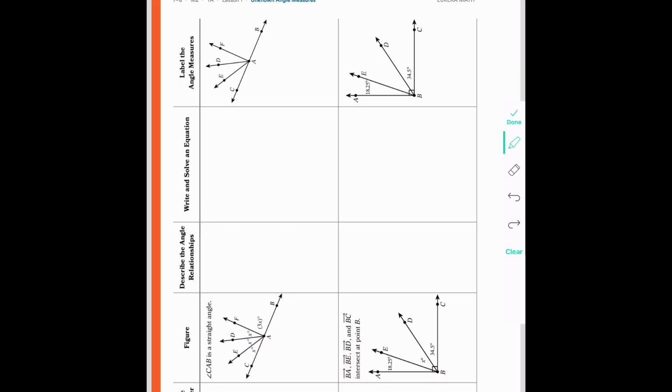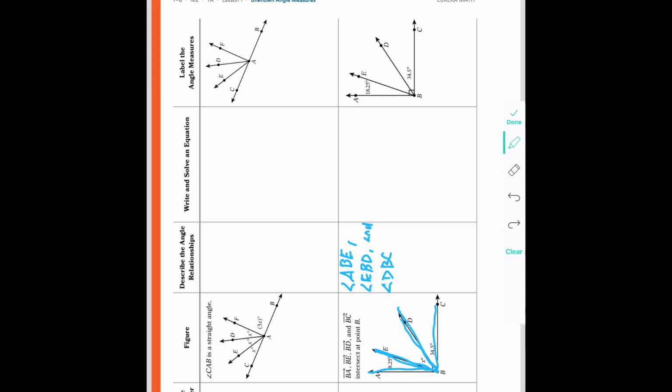All right, so now if I'm looking at them, right, I know that if I'm trying to describe the relationship I see, I can say that angle ABE, comma, so that's this right here, angle EBD, comma, that's this right here, and then finally, angle DBC.